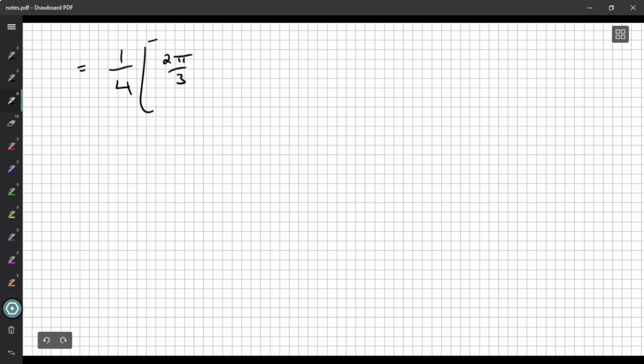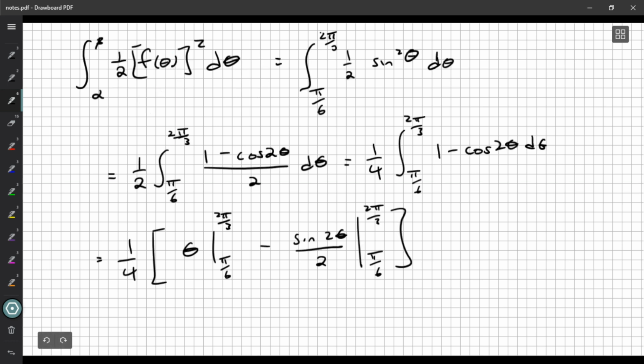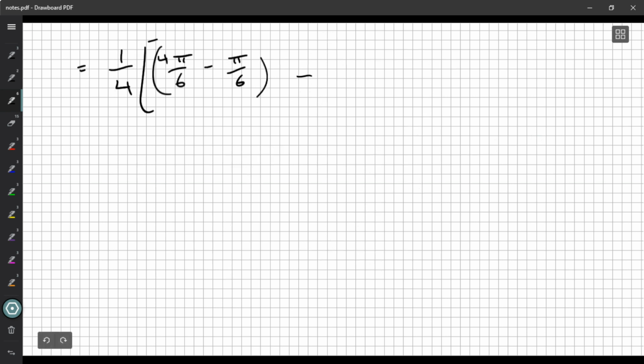So 2 pi by 3 minus pi by 6. We might change it to 4 pi by 6 just to make our lives a little easier in a moment. Okay, and then it was minus sine 2 theta over 2. That's going to be minus, we bring a 1/2 out here.